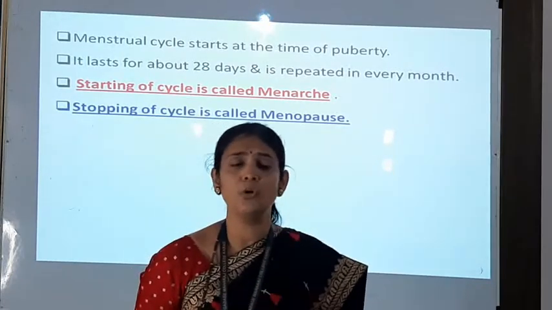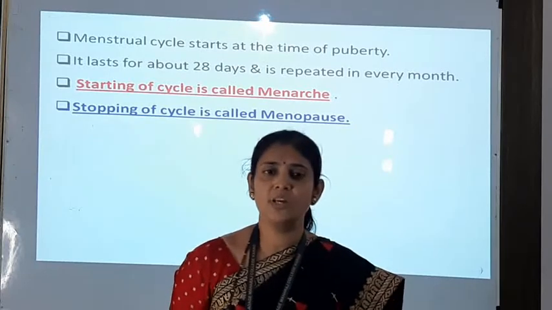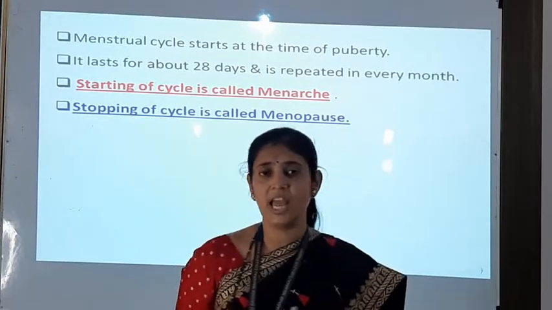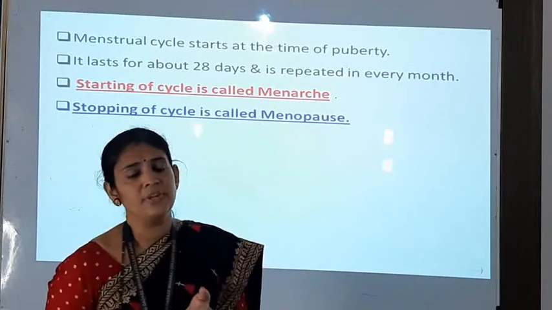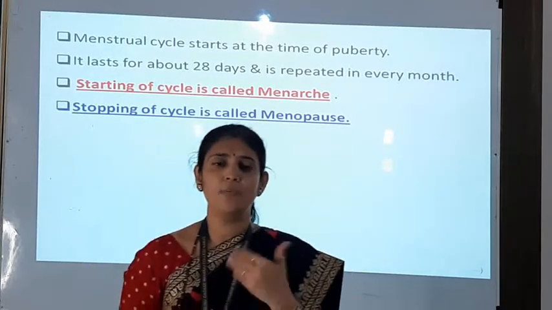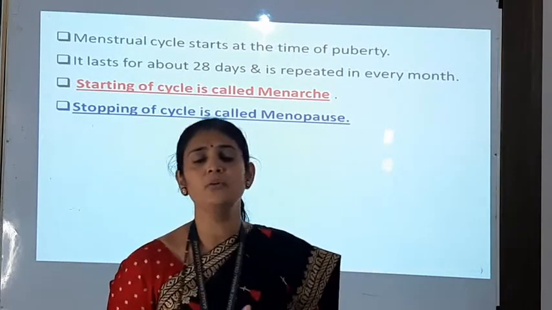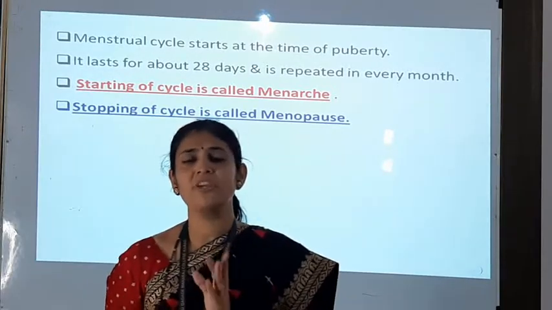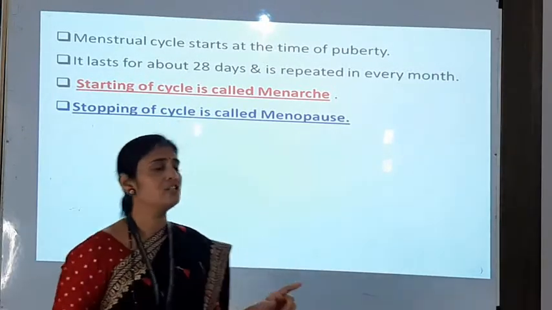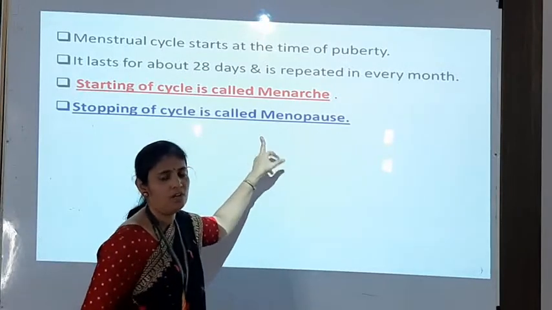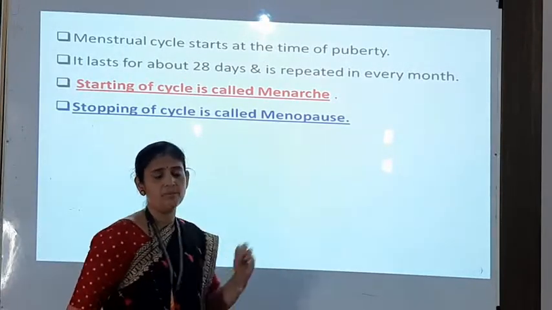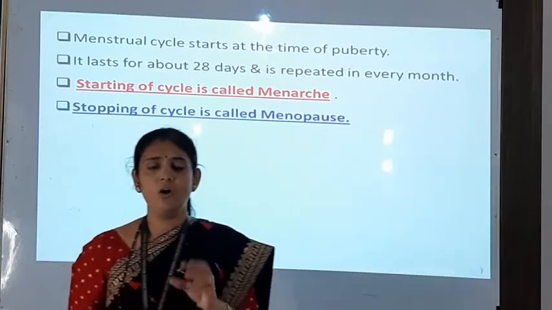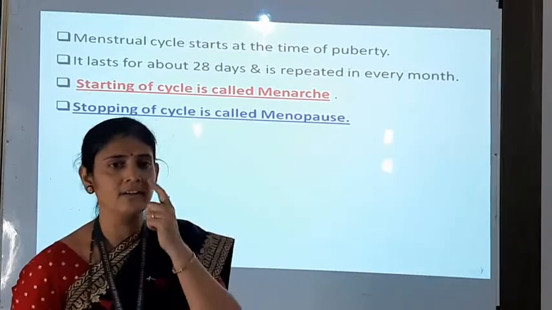The females show the starting of the menstrual cycle, called menarche, and after the completion of age 45, above 45 up to 55, the menstrual cycle is going to stop. So the stopping of the menstrual cycle is called menopause. These are the two classic basic events related to this menstrual cycle.